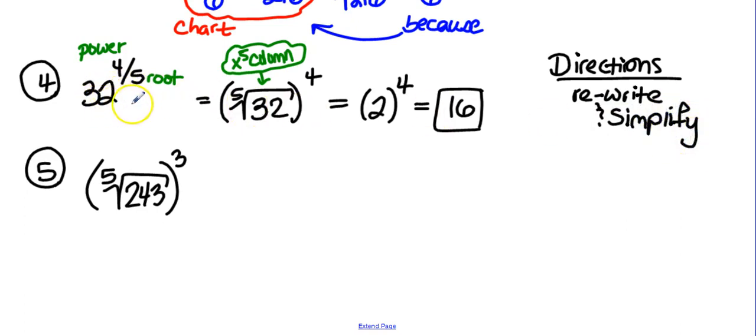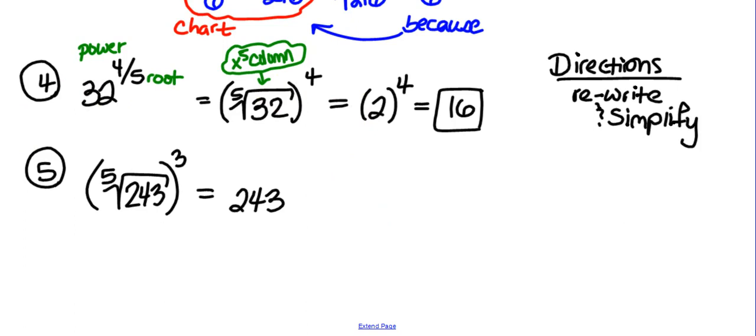Here I started with rational exponent notation and rewrote it as radical. Here I have radical notation. So how would I transform this into rational notation? I know that for sure my base is 243, so I'll put that down first. The question is, is it the power up top and then the root, or the root and then the power?